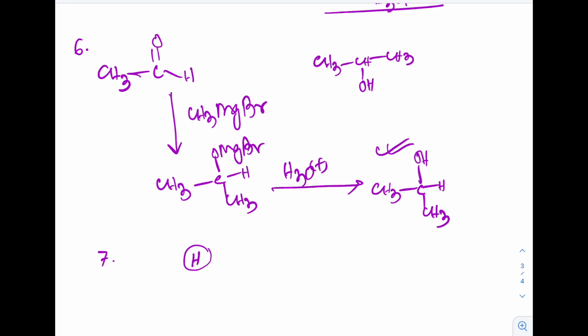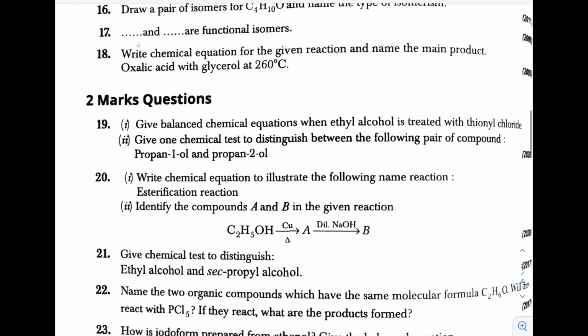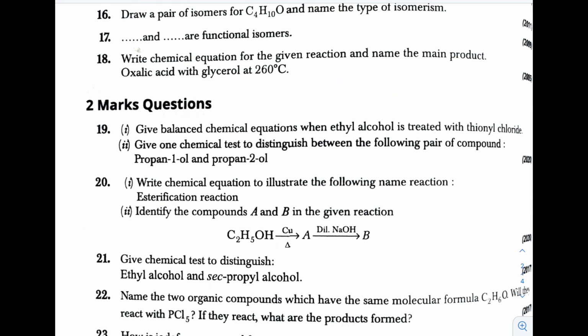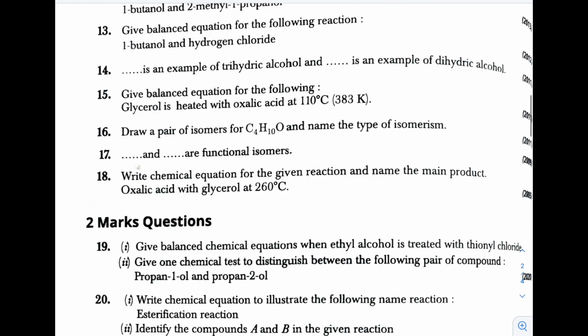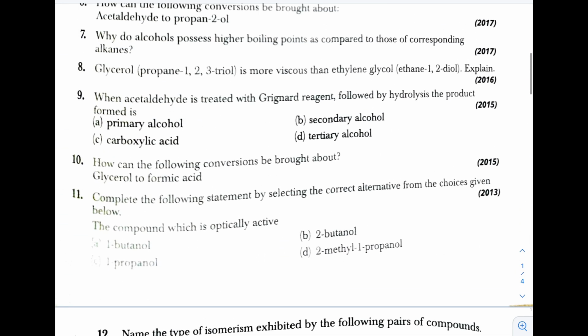Hope you have got it. This is a question which belongs to GOC, what I think, the general organic chemistry concept. We'll move to question 8.